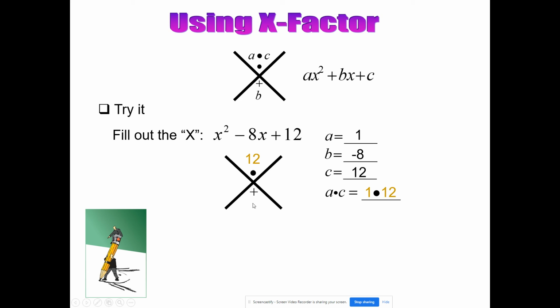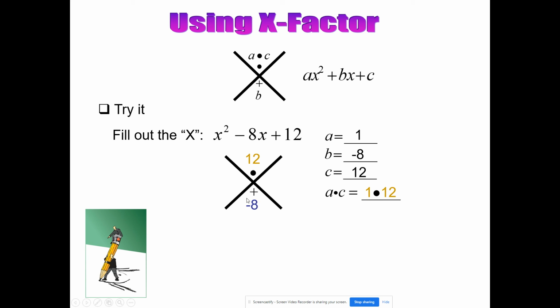And then the bottom number is your B value, which is -8. So now think of two numbers that multiply to 12 that add to -8. Okay, so remember, if the top number is positive, you either have two positive numbers or two negative numbers, because to multiply and get a positive, they're either both positive or both negative. But because my bottom number is negative, I know that they're both going to be negative.